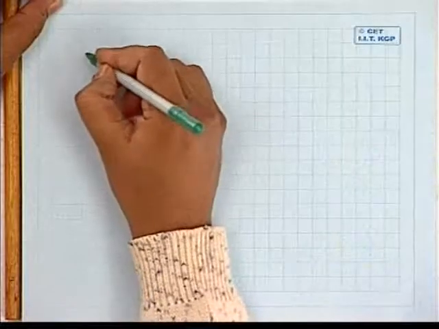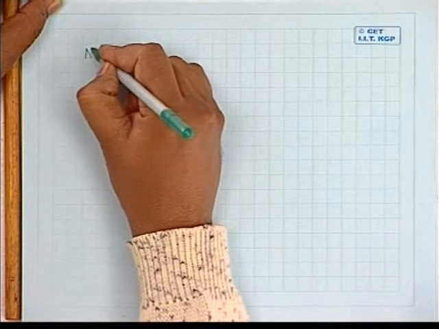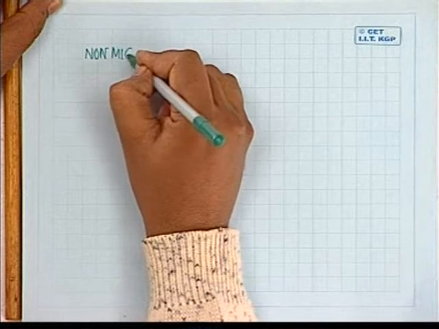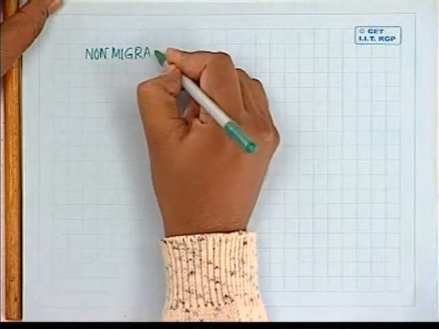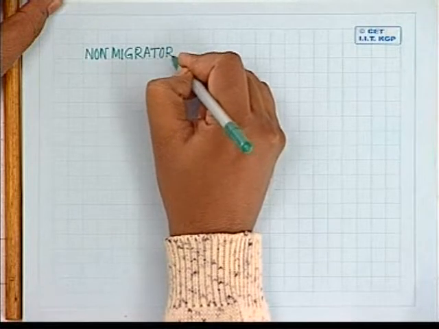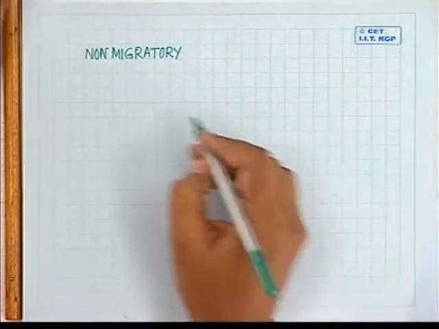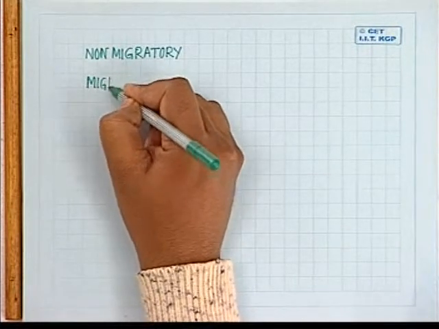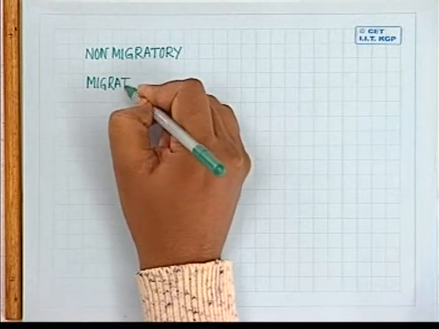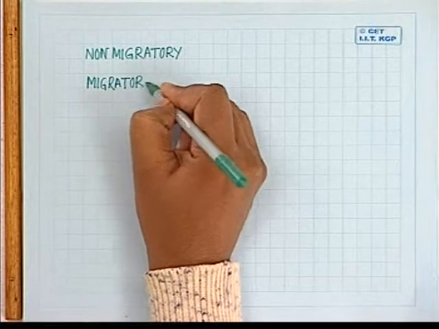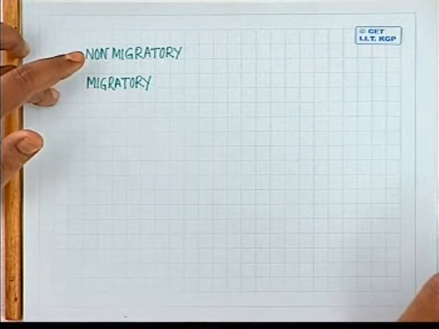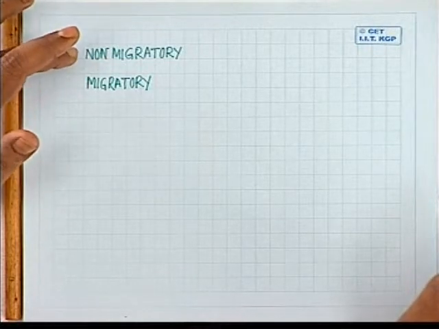One of them is non-migratory, and the other is the migratory allocation technique. Now, what are non-migratory and migratory? We can say that non-migratory is to some extent static in nature.